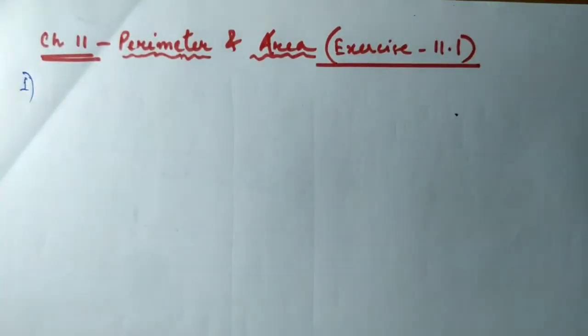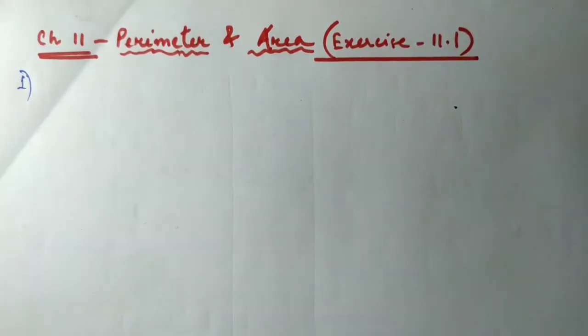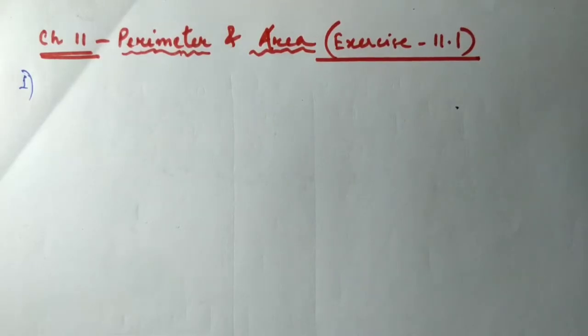Let's read the question first. It's given that the length and breadth of a rectangular piece of land are 500 meter and 300 meter respectively. So what is given? The length and breadth of the rectangular piece of land. Let's write down what is given here.